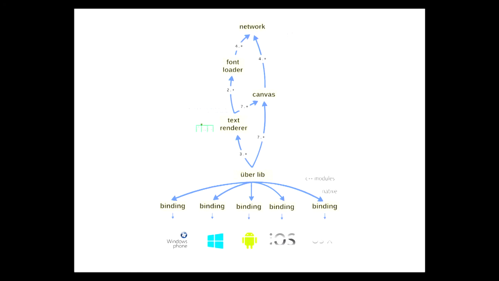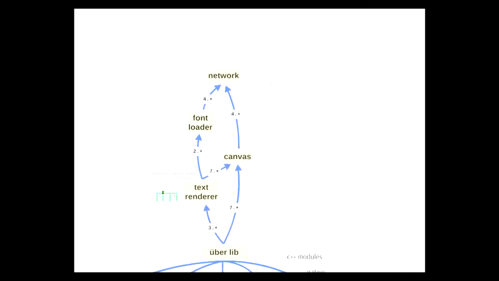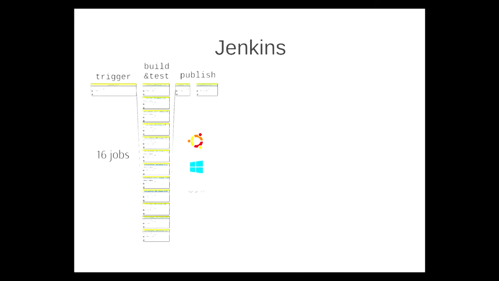OK, that was in the context of one module, and how we can compile it to multiple platforms. But how does it work on the CI? Right now, if you have 16 artifacts per module, then you will need 16 executors.